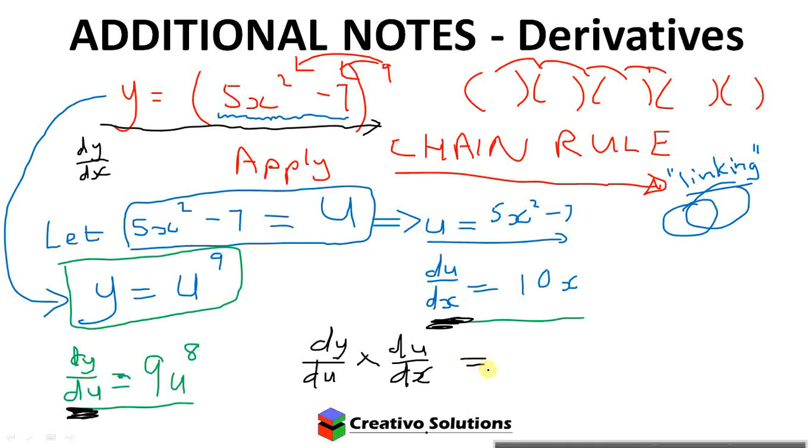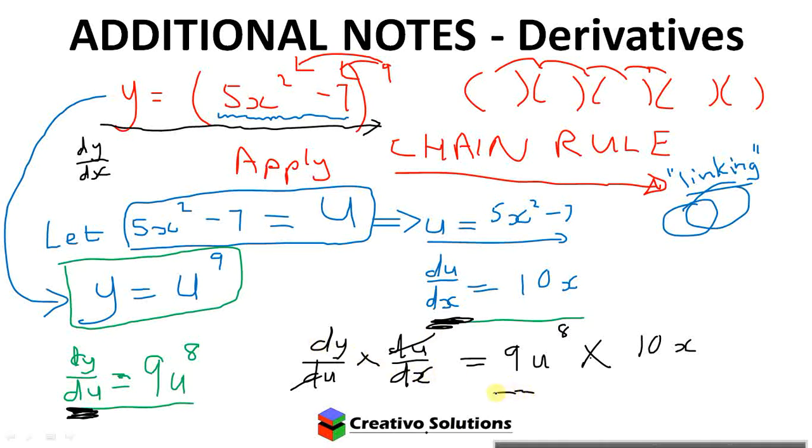Right, so what is dy over du? 9u to the 8. What is du over dx? 10x. Okay, so if I multiply this out, I'm going to cancel that, and I'm left with dy over dx.